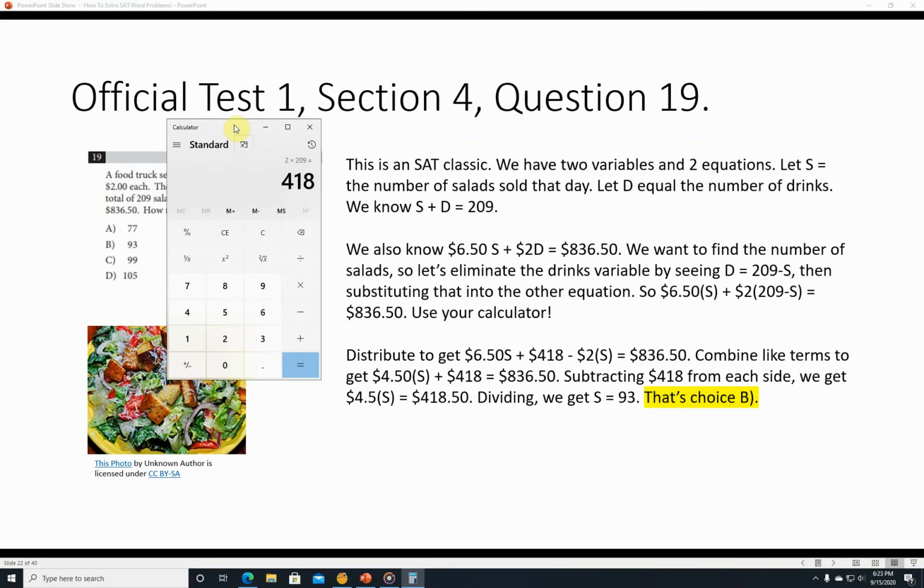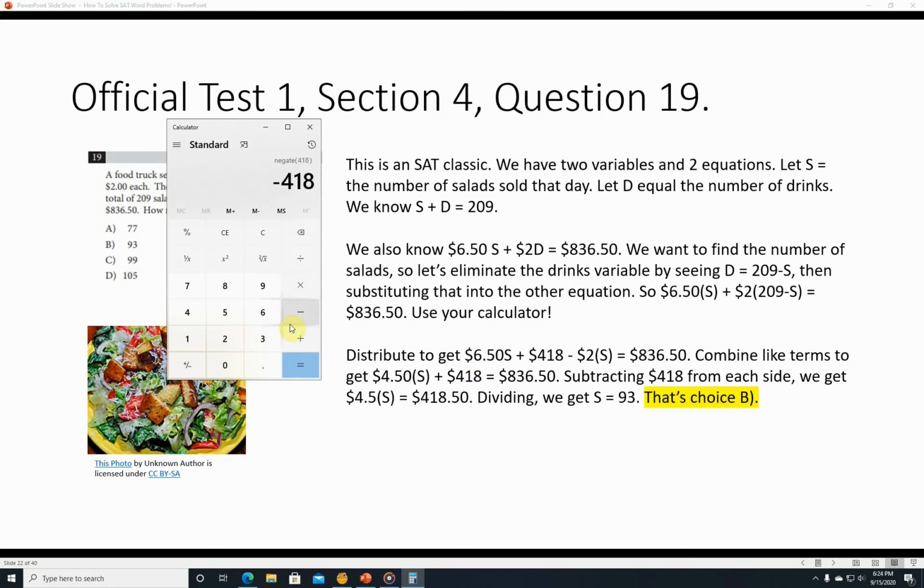So 6.50S plus 2 times 209 minus S is just going to be 418 plus 4.50S, which is equal to 836.50. So 4.50 times S plus 418 is equal to 836.50.